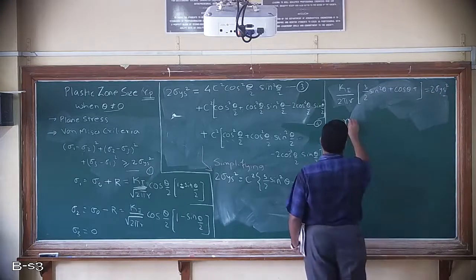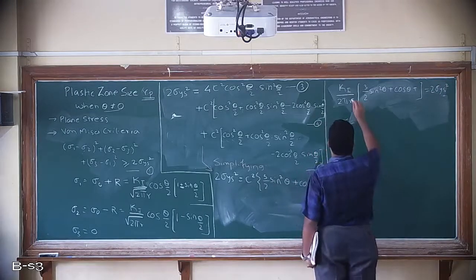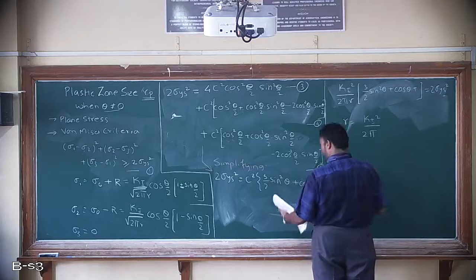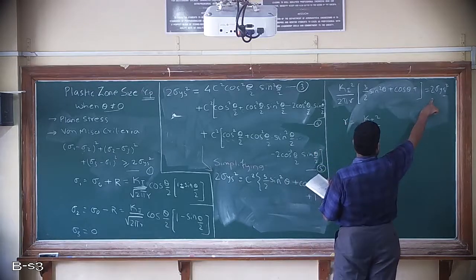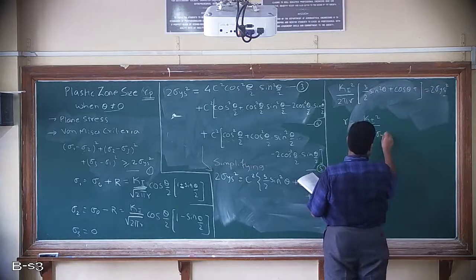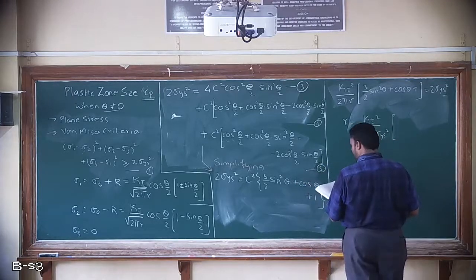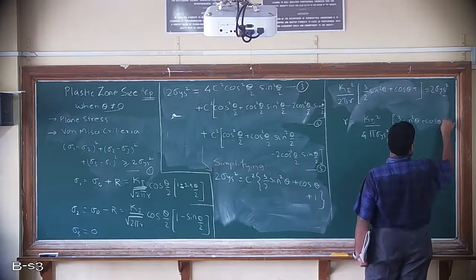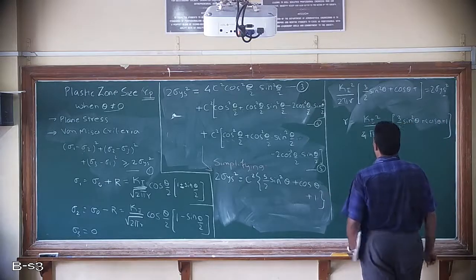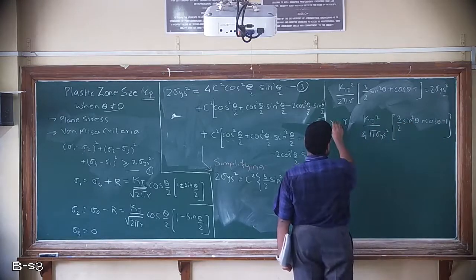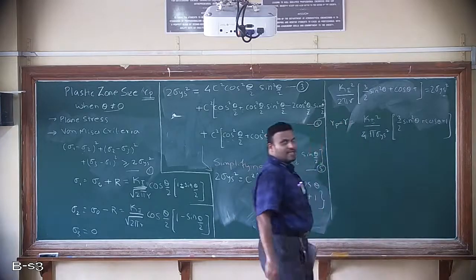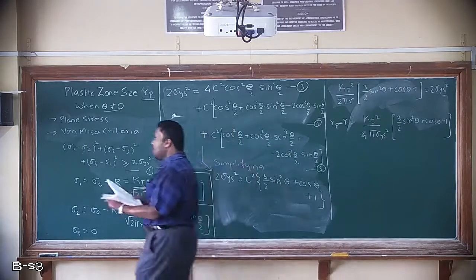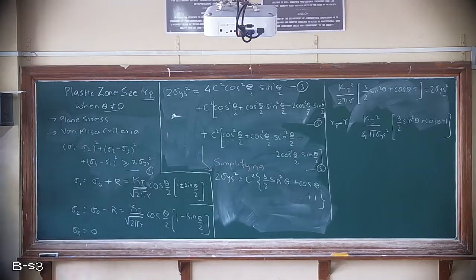Therefore we can write r is equal to KI square upon 2 pi, and this 2 also will come, so this becomes 4 pi sigma ys square into 3 by 2 sin square theta plus cos theta plus 1, and this r is nothing but rp. So that is the size of the plastic zone using von Mises criteria. So now we shall see next with the Tresca criteria.